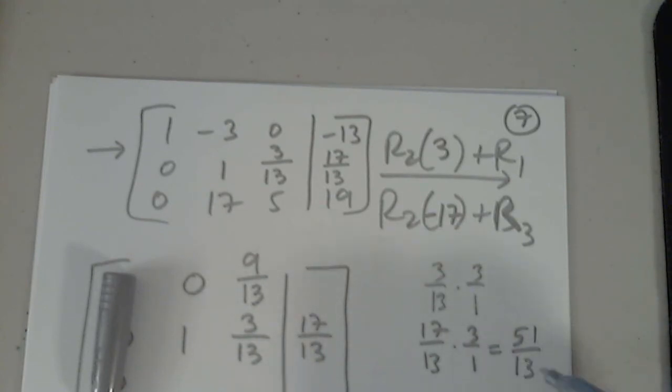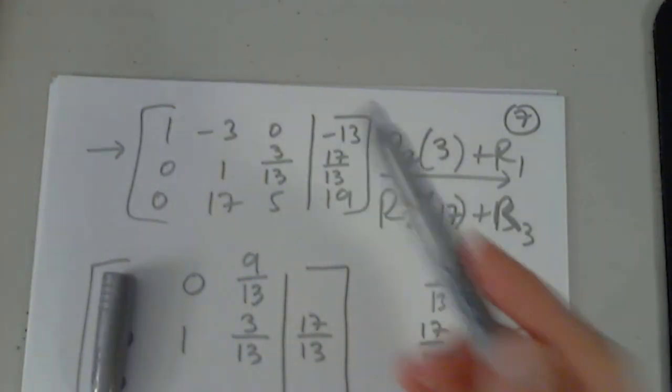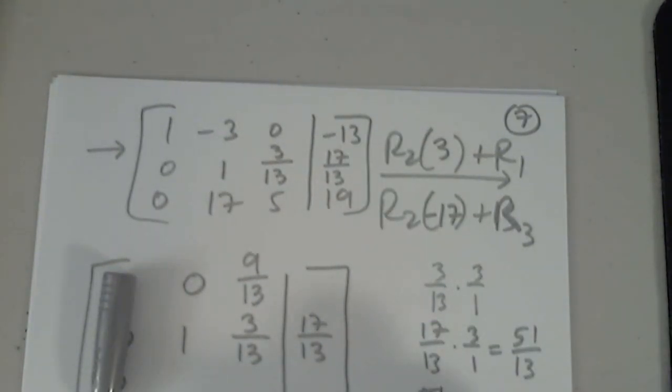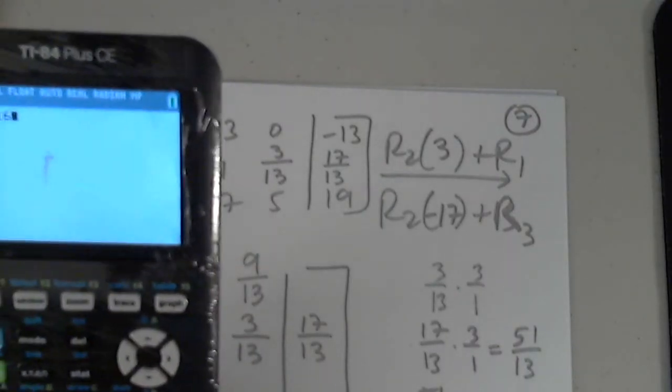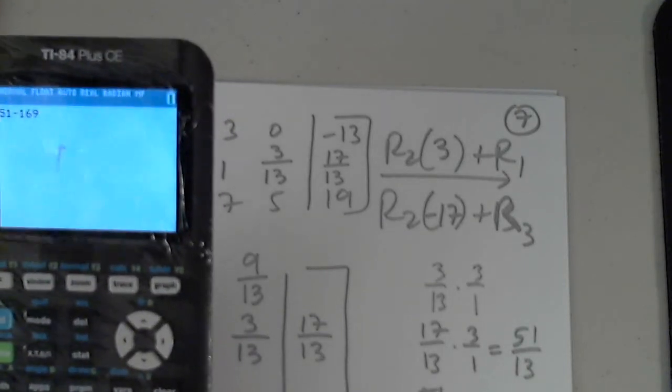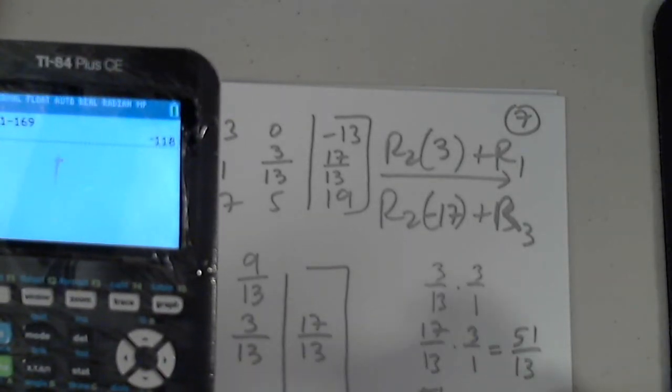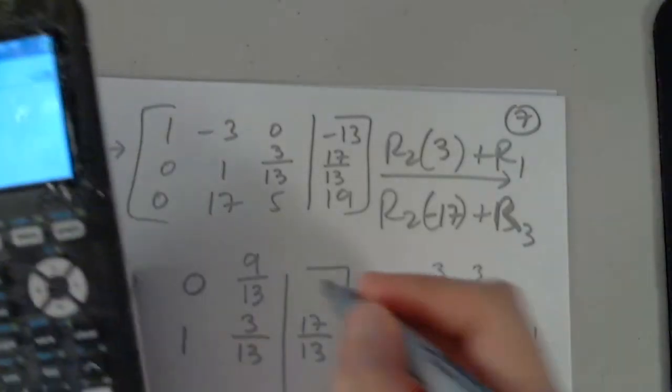But minus 13. Ugh. Okay, that's when I get lazy. 51 minus 169, 13 times 13. Negative 118 over 13. Oof.